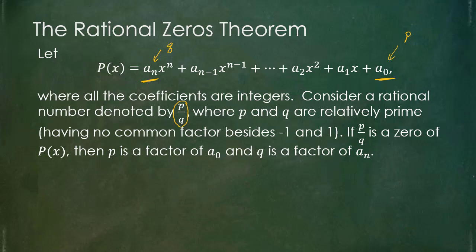But at least what it's doing is it's going to narrow down how many possible numbers to try to at least a couple of more intelligent numbers to try. Now that does not mean that every zero in my list will actually be a zero. It's just telling me if there are rational zeros for the actual polynomial, they would have to come from that list.